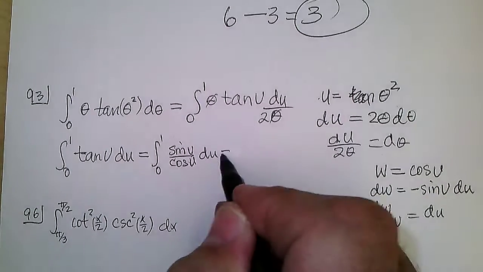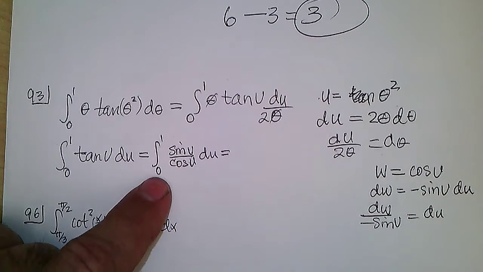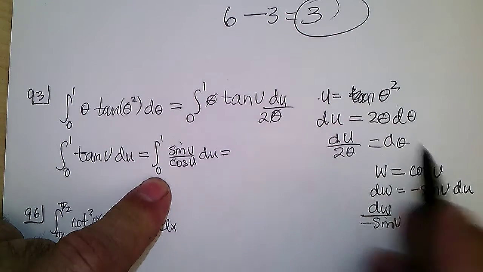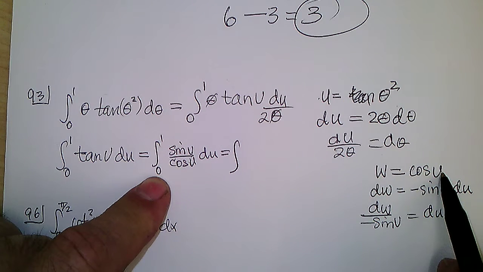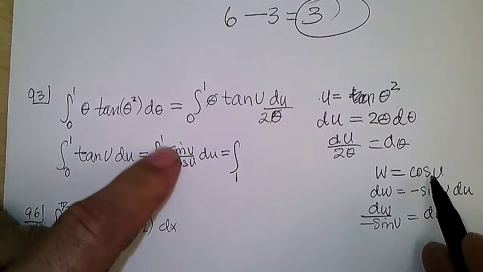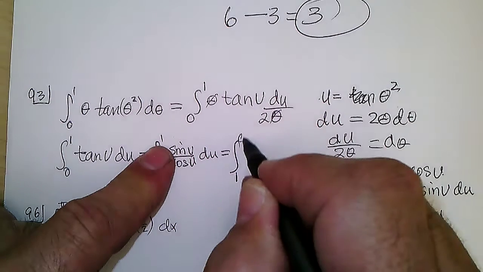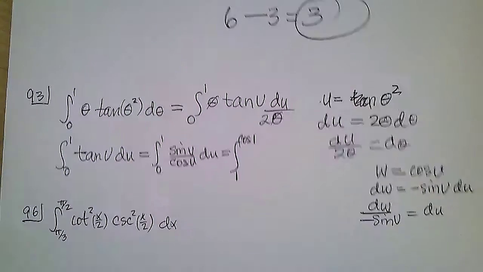So this is going to become, see, changing the limits here now, cosine of 0 degrees, or 0 radians, is 1. And the cosine of 1 is cosine of 1, not a nice number.